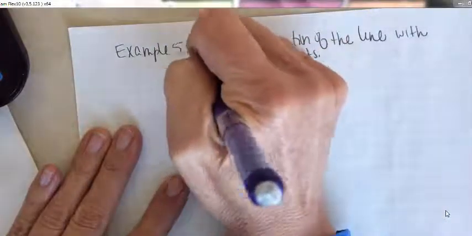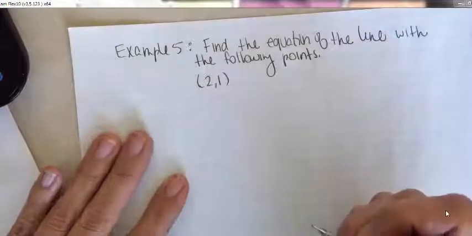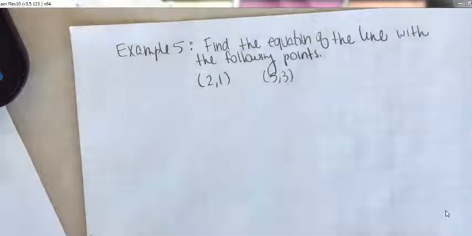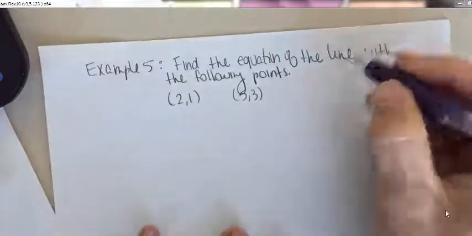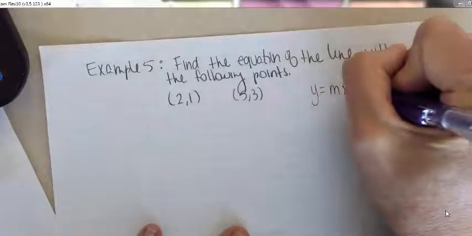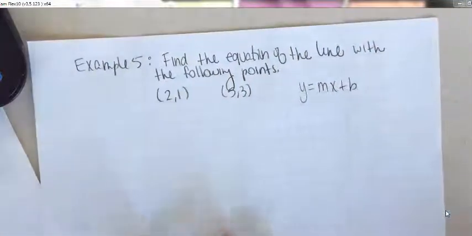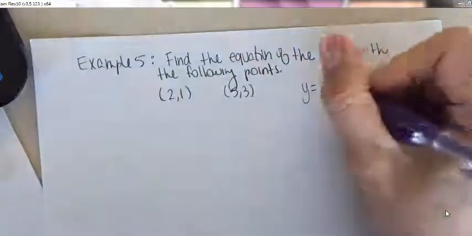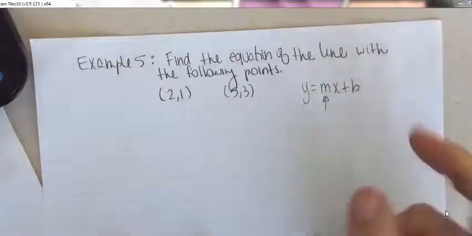The 2 points are 2, 1 and 5, 3. Again, it's a line, so we know that we can write this in slope-intercept form. A couple things that I need. The first thing I should always want to find is my slope. So we're going to find that first.